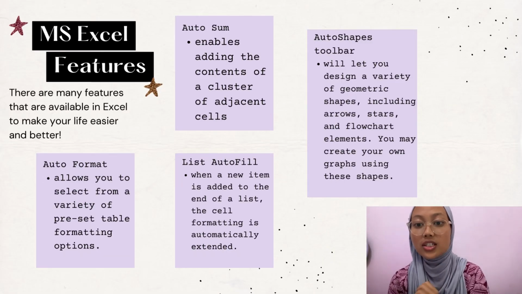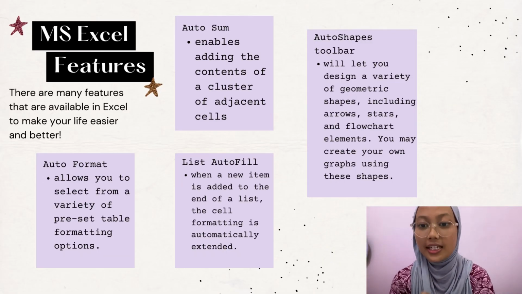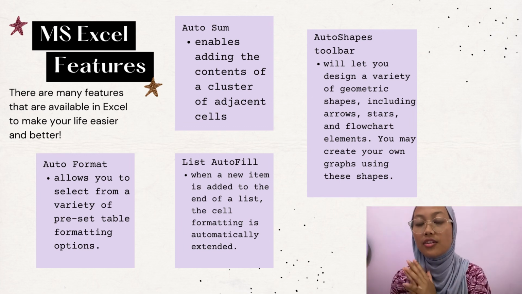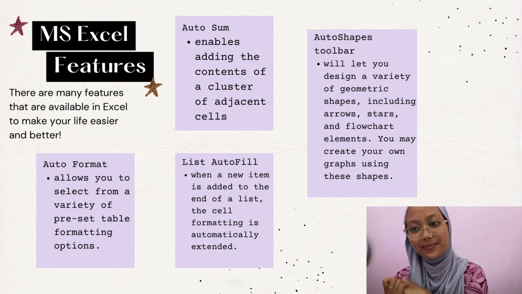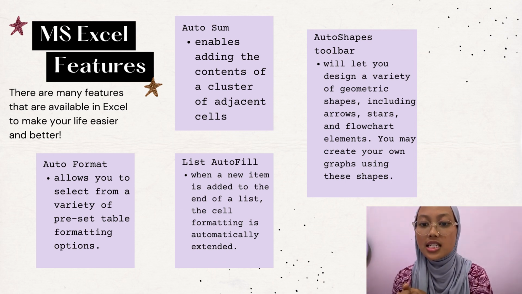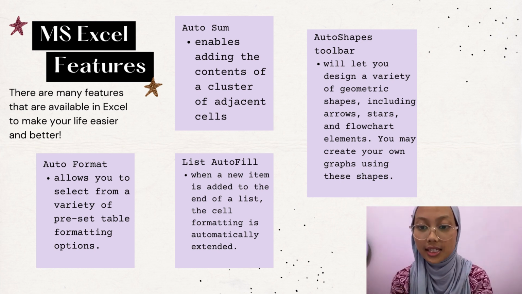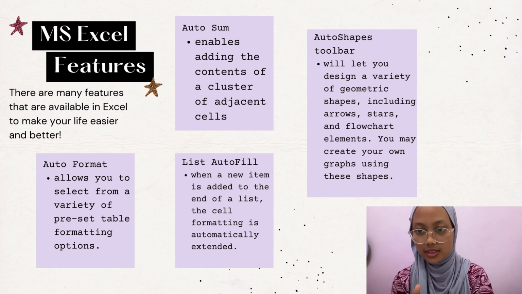Now, Microsoft Excel features. There are many features available in Excel to make your life easier and better. The first one is auto format. It allows you to select from a variety of preset table formatting options.